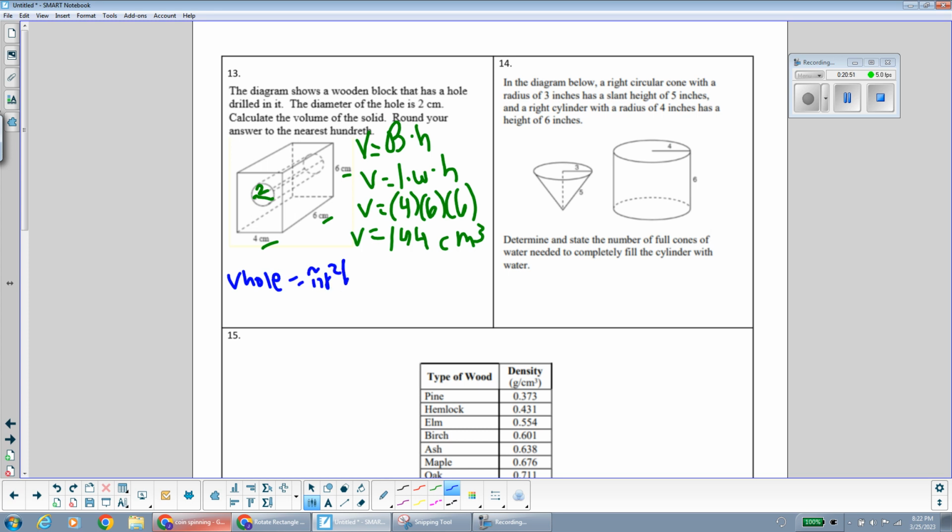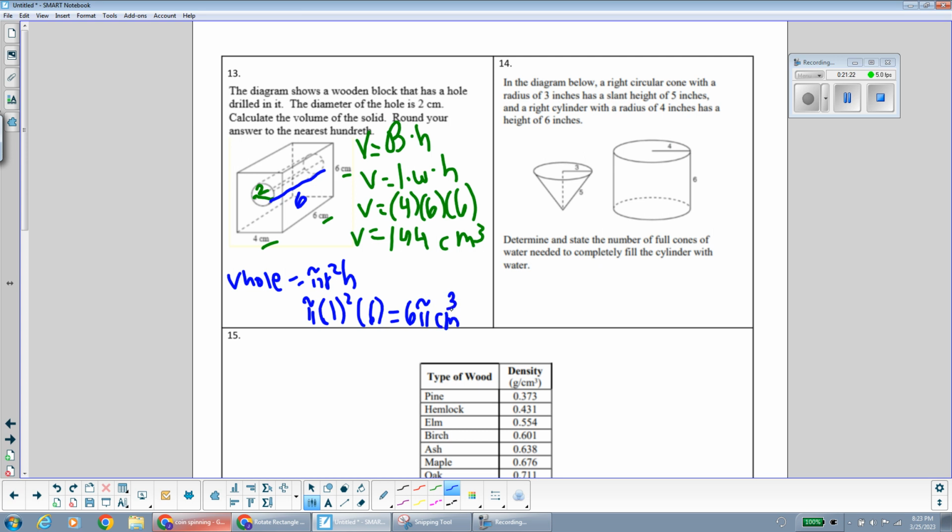Okay, now we need to find the volume of the hole, and that's a cylinder, so that's pi r squared times height. So the radius is half of 2, which would be 1. Times the height of the cylinder, which would be 6. So that is 6 pi cubic centimeters.